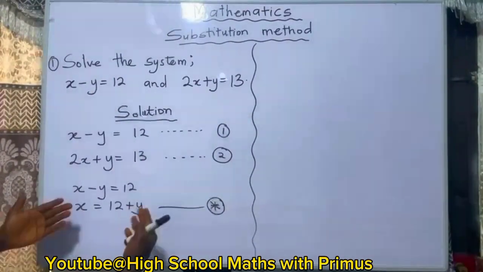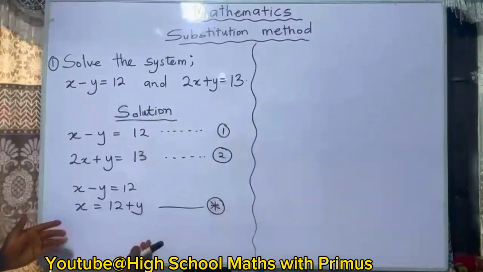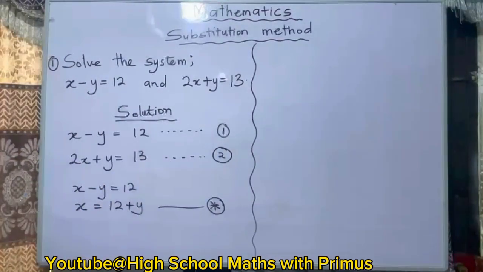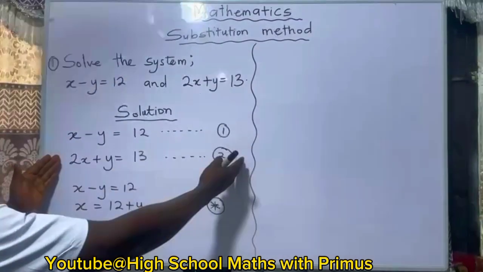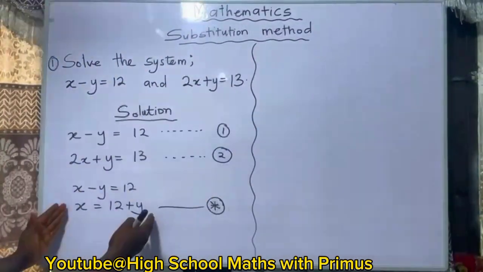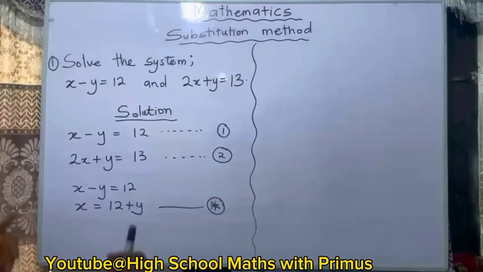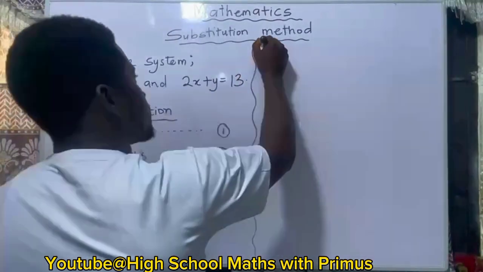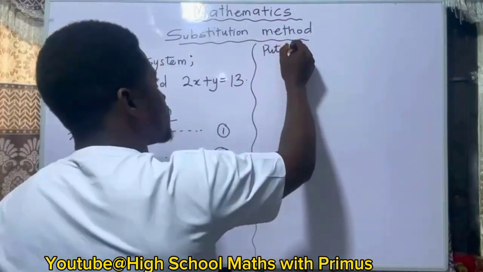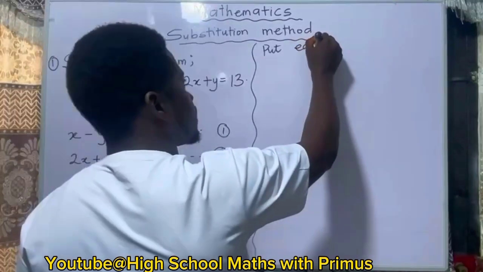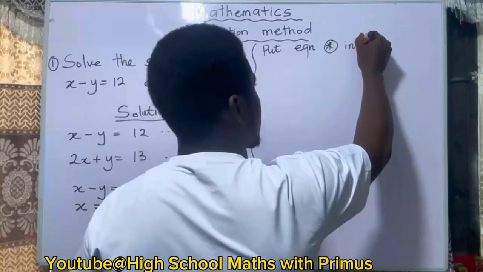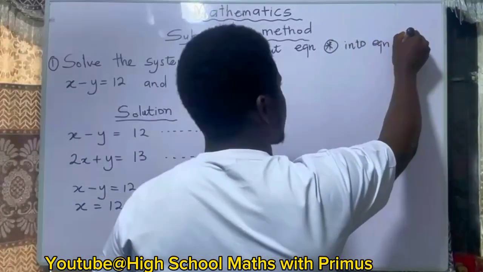They said after making x the subject, put the derived equation into the other equation. The other equation here is equation number 2, because I made this equation from equation 1. So we put equation star into equation 2.